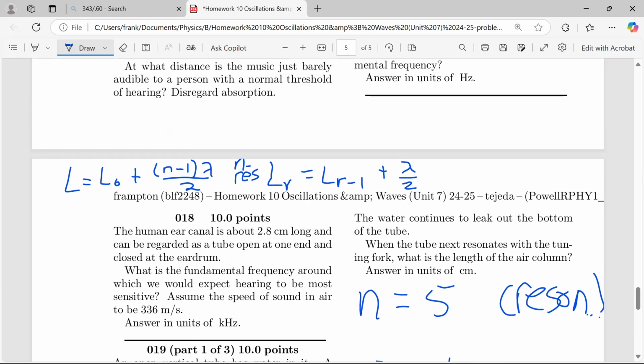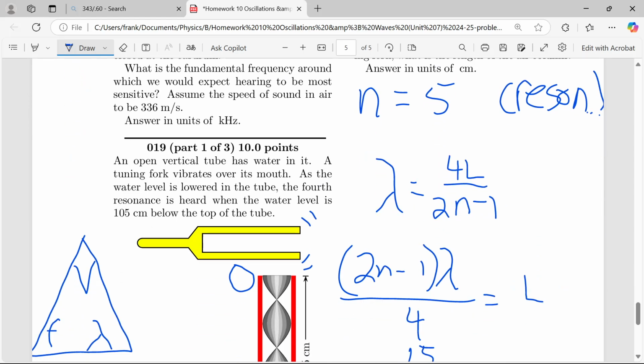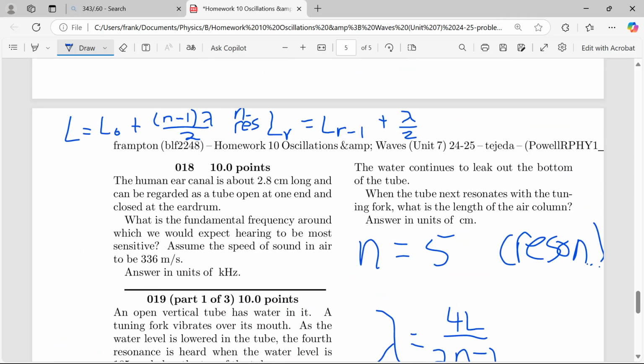But I know that at the fourth resonance, the length is 105. So the fifth resonance length equals the fourth resonance length, which is 105, plus the wavelength, 60, divided by 2.